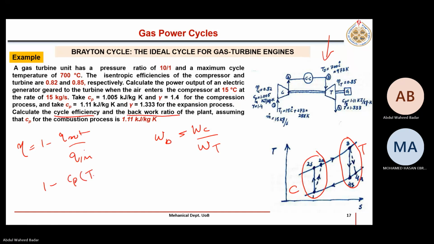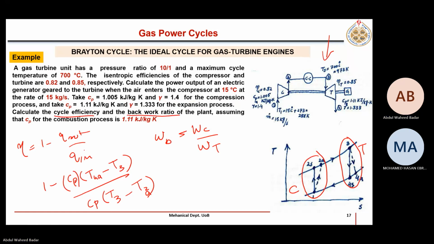So I need to find out 1 minus Q out, which is CP into actual T4 minus T1, over CP into Q in, T3 minus T2 actual. Here the CPs are given and they are different. In a steam power plant, we calculate enthalpies at every point.